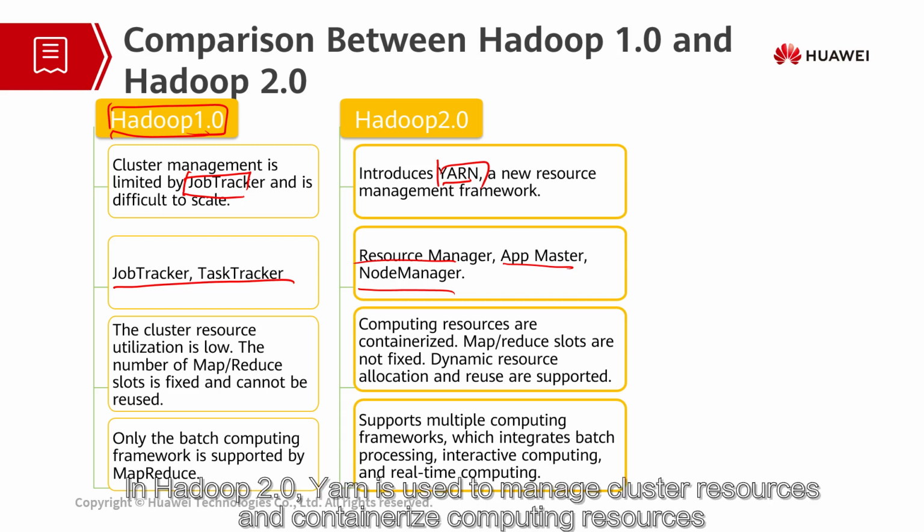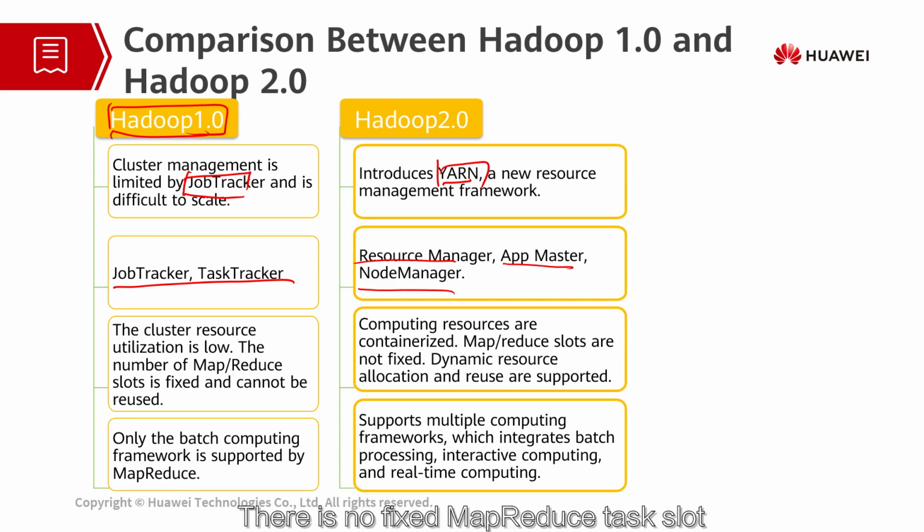In Hadoop 2.0, YARN is used to manage cluster resources and containerize computing resources. There is no fixed MapReduce task slot. Resources can be dynamically allocated and reused.